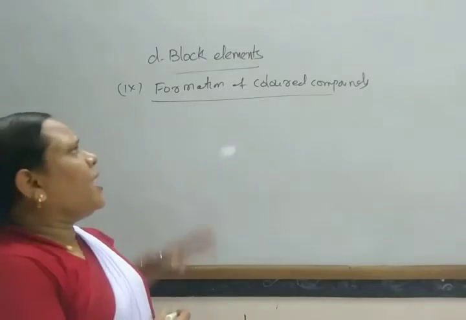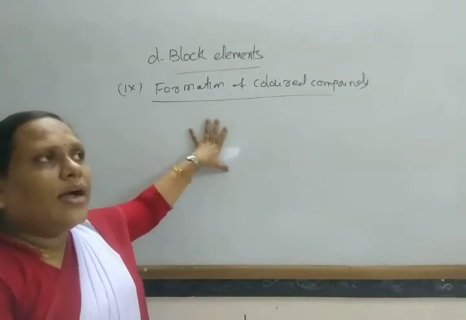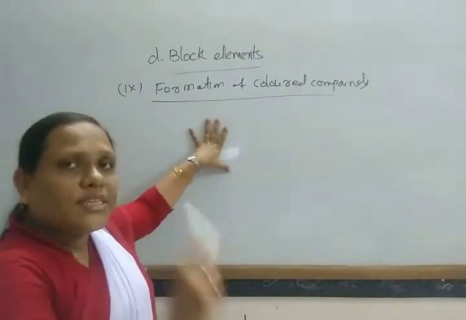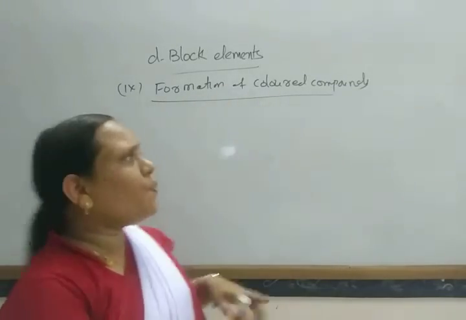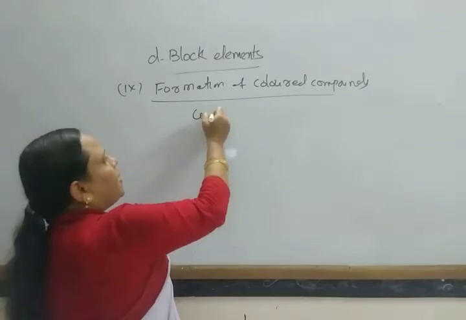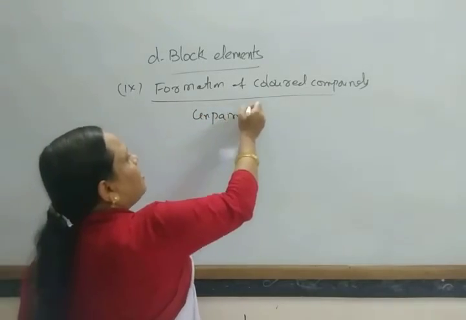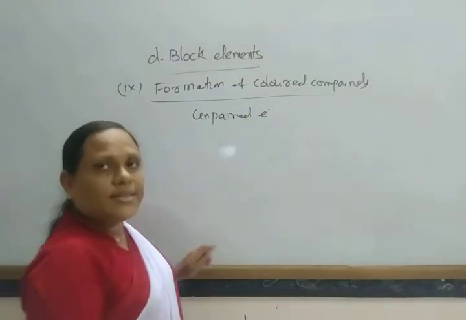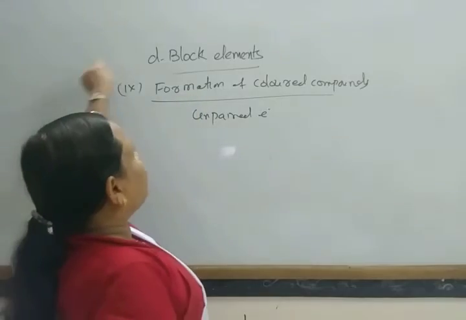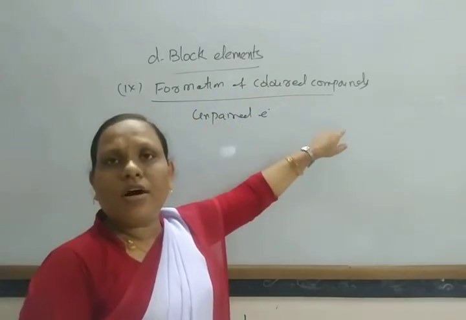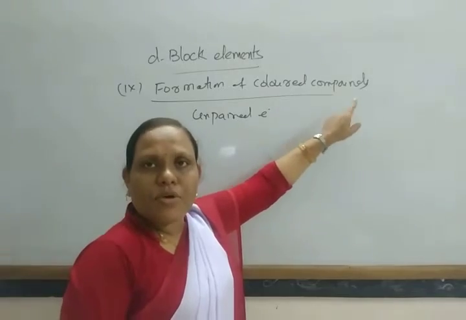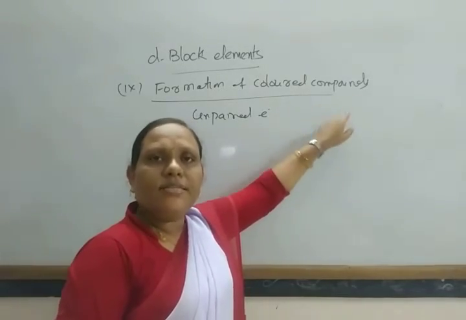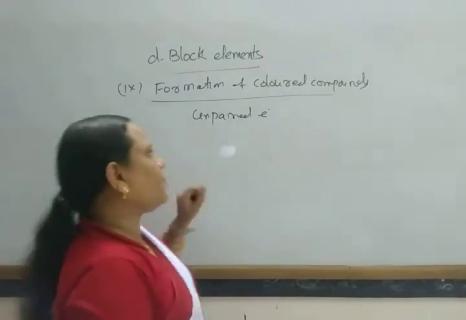And another thing, due to the presence of unpaired electrons in the d orbitals, these transition elements generally form colored compounds, in solid state as well as in aqueous solution.